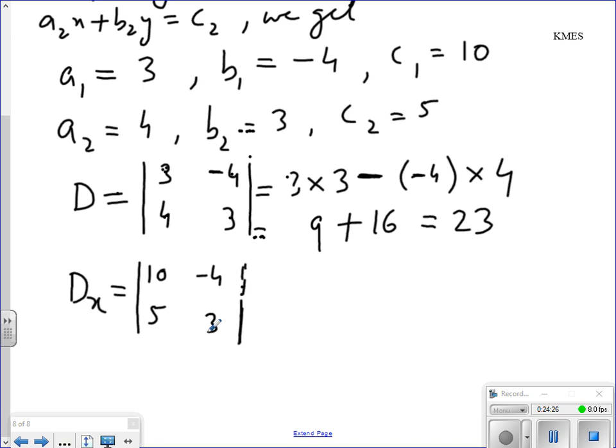That is 10 and 5, which are the constant terms, C1, C2. They are replacing A1, A2.